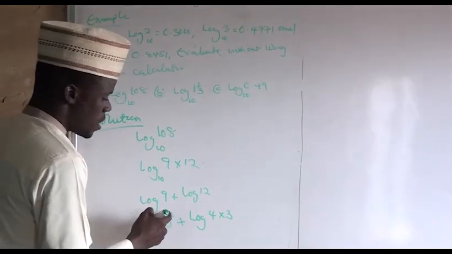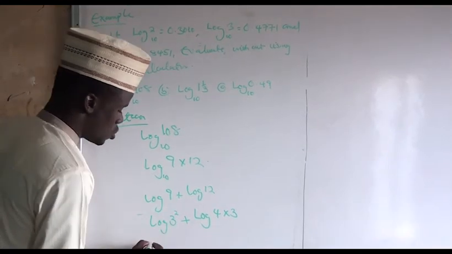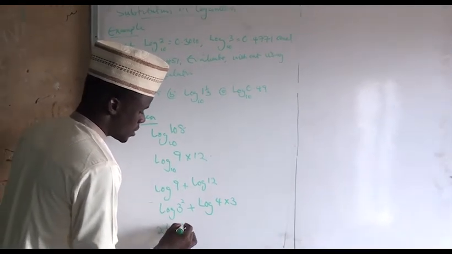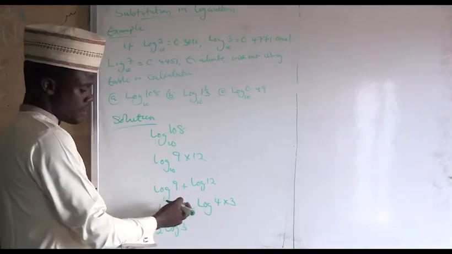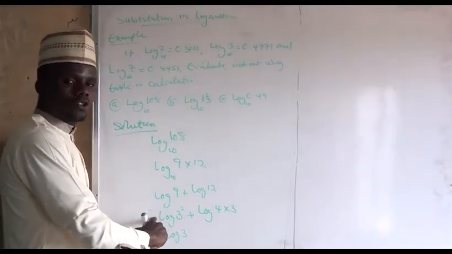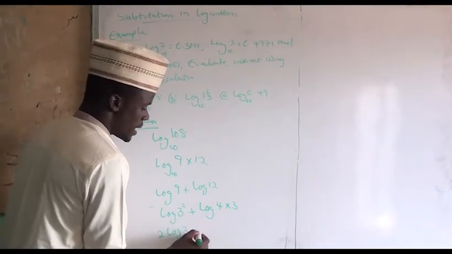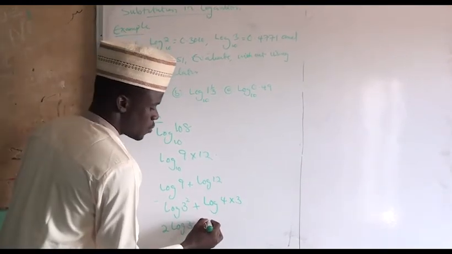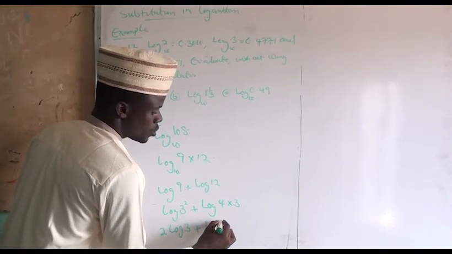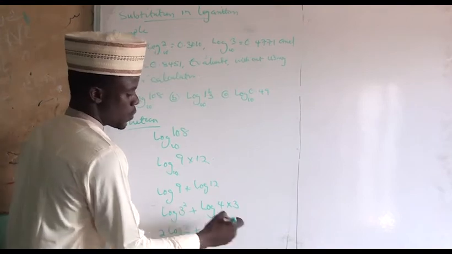Then here we have this, the power of 2. We take it back to the log. We say 2 log 3. That is the power, we now bring it back to the log. Then we say log 3. Then here we have plus log 2 to the power of 2 because it's 4.